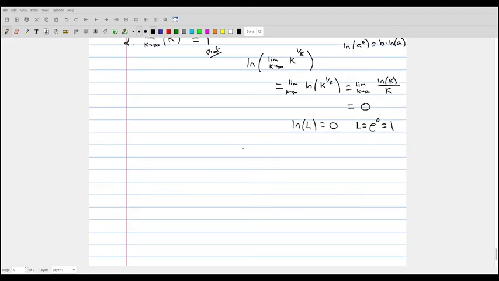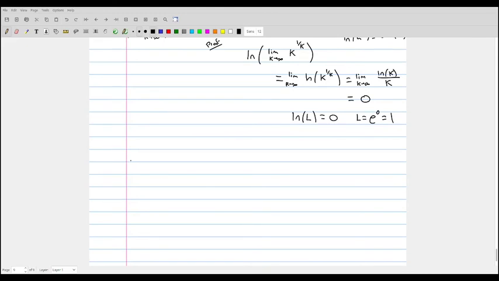So you can use a similar methodology here to show a vast number of results, a couple of which are going to be very important to us in the future. The limit as k goes to infinity of any number x to the 1 over k is equal to 1.